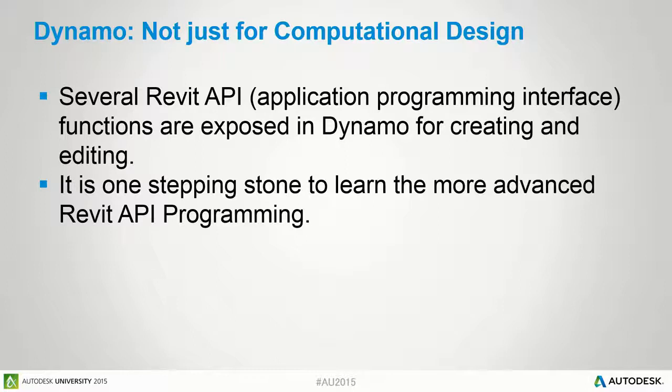So this also gives us a way to learn the more advanced Revit API programming. When you are able to catch the flow of the script or produce logic, you may become capable of more in-depth programming. It just requires coding.